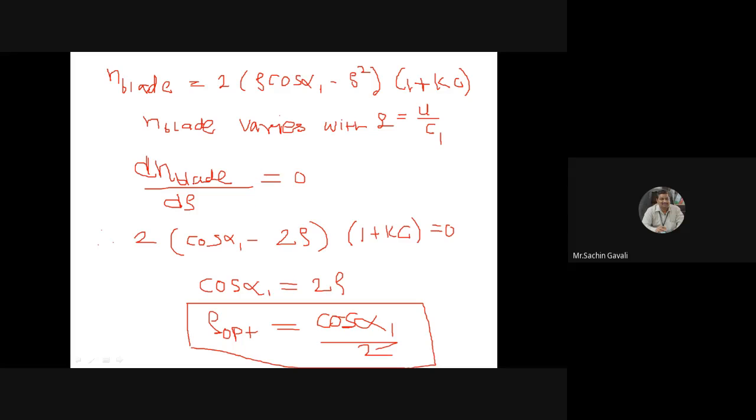Then we got 2 cos alpha 1, where cos alpha 1 is constant, into the differentiation of rho, which is 1, minus 2 rho into 1 plus kc, equal to 0. The 1 plus kc gets cancelled, and cos alpha 1 becomes 2 into rho. Therefore rho opt is equal to cos alpha 1 divided by 2.